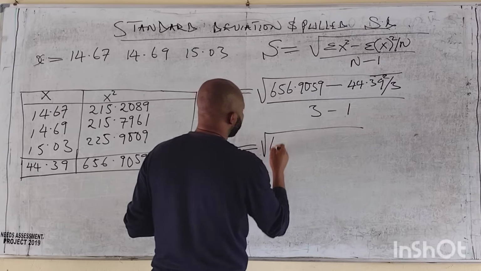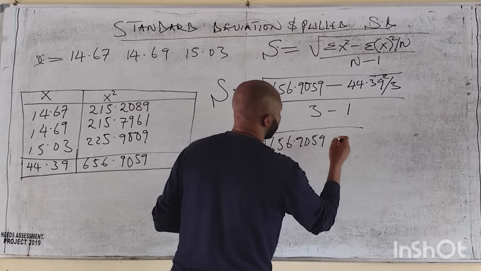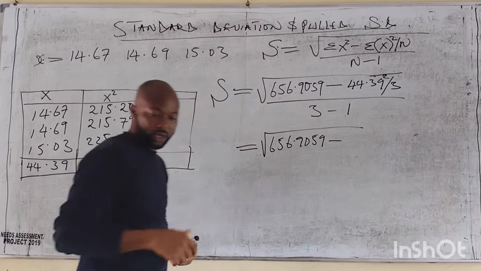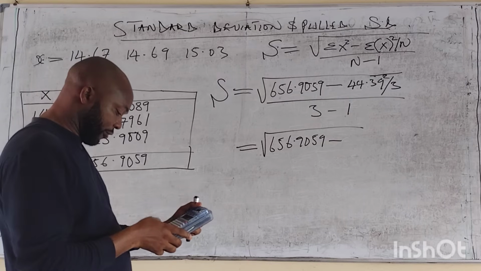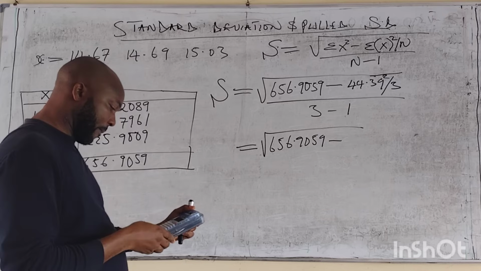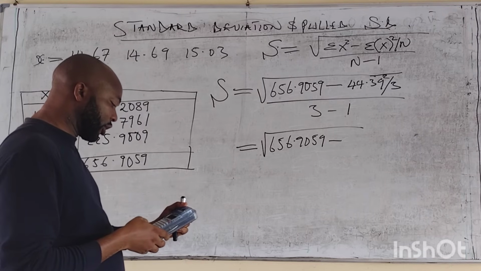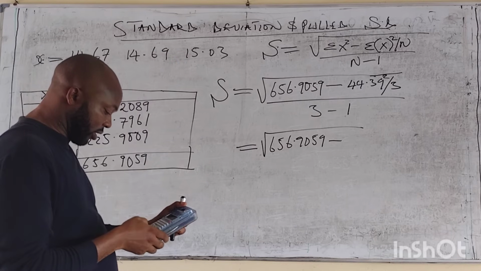I have this down: 656.9059 minus, I have to square my 44.39. 44.39 squared is 1970.4721, divided by 3 in order not to waste time.